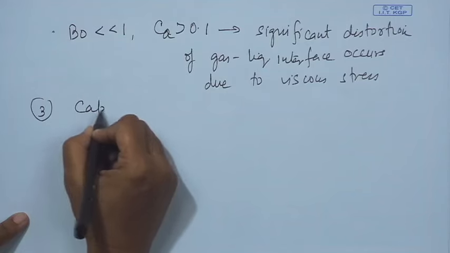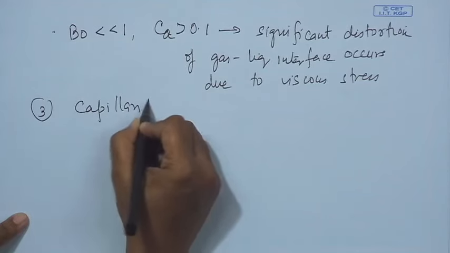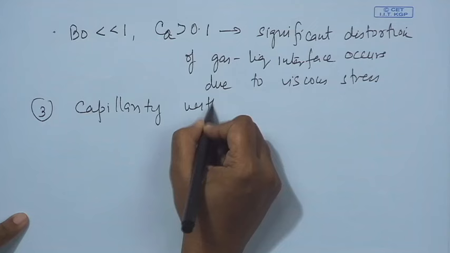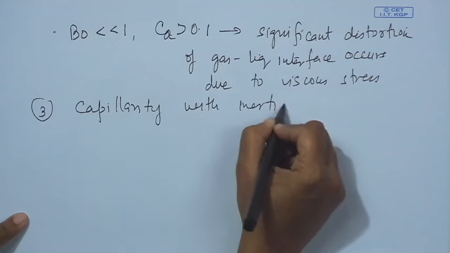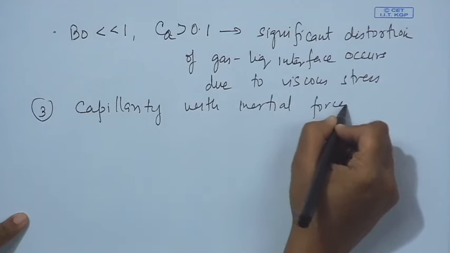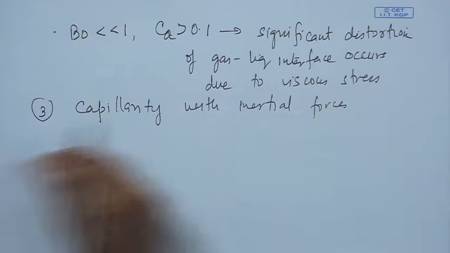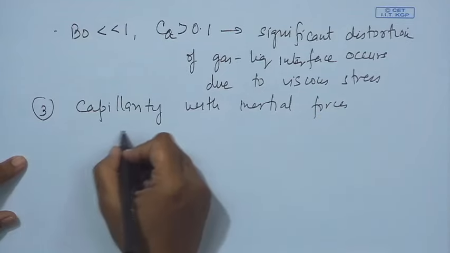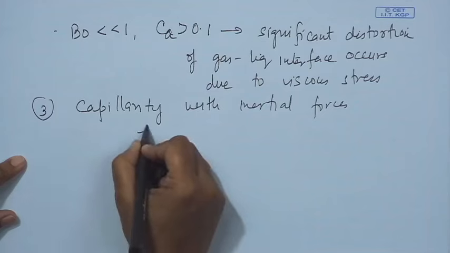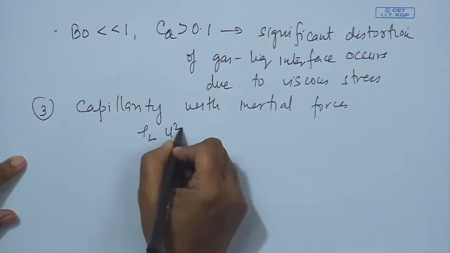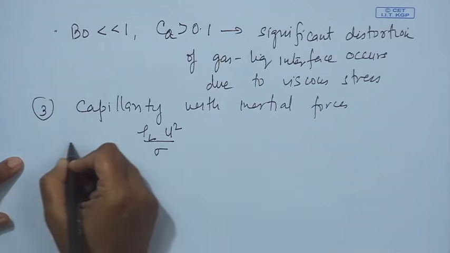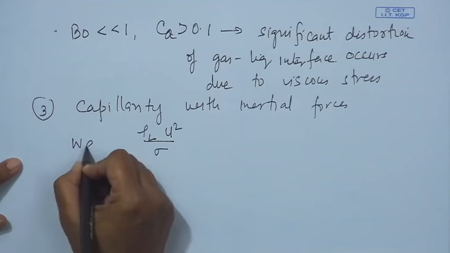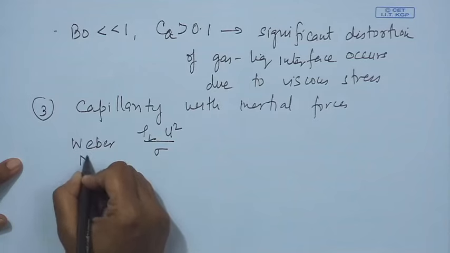The next thing we can do is balance capillarity with inertial forces. What does this give us in this situation? We find this gives us a number, rho L u square by sigma, which is defined as the Weber number.